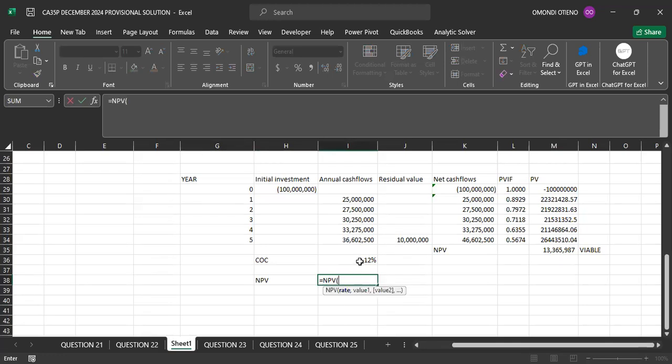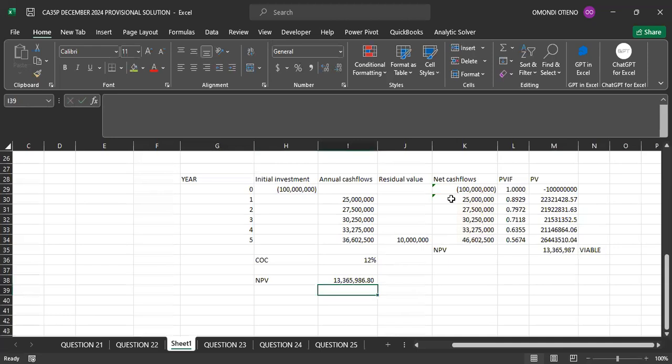We take the rate, comma, we take the values, that is value 1, so we start with the net cash flow in year 1 up to year 5, comma, then we are supposed to less the initial outlay. But because our initial outlay is already indicated in negative, we just add that. If that is done, you'll be able to see we are arriving at the same answer.